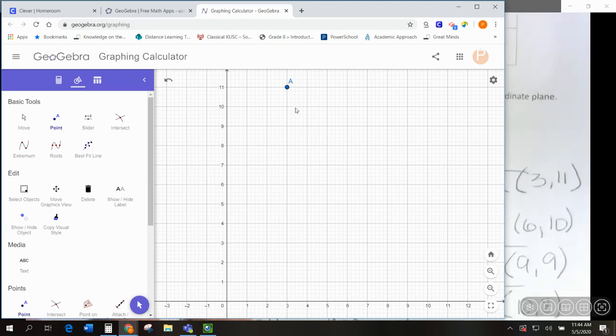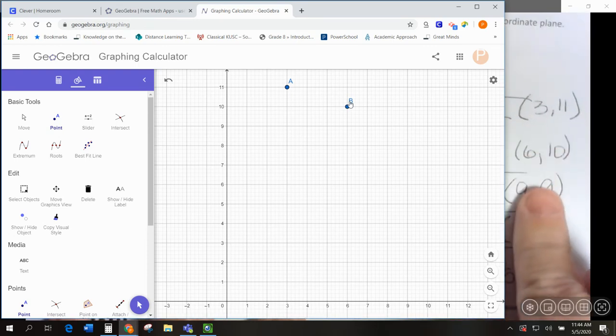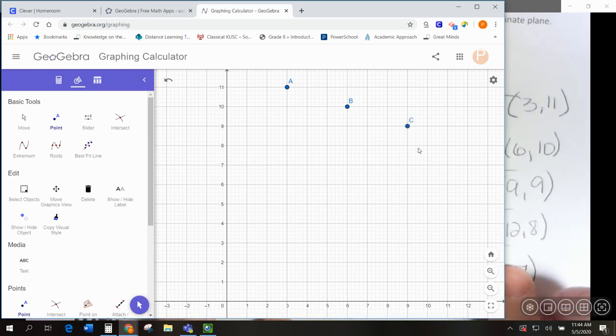And then I want 6, 10. So I'm going to go over to 6, up to 10. 9, 9. We go over 9, up 9. 12, 8.